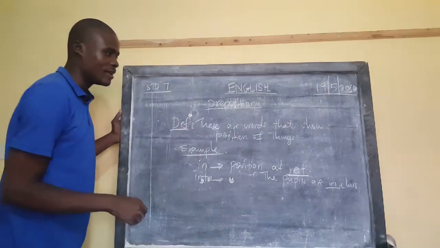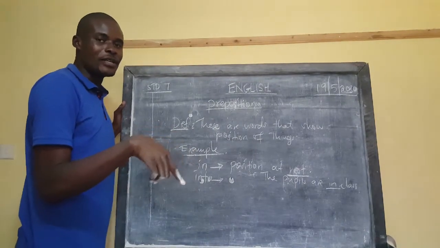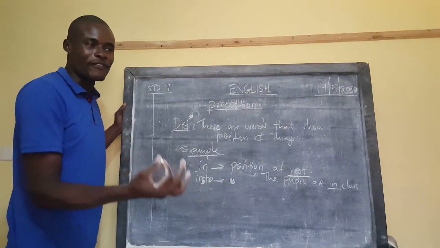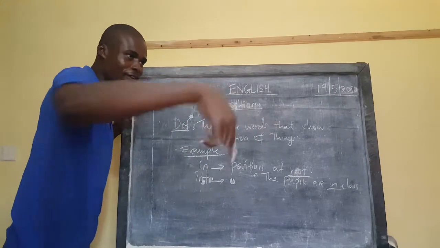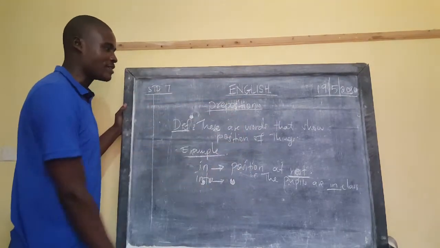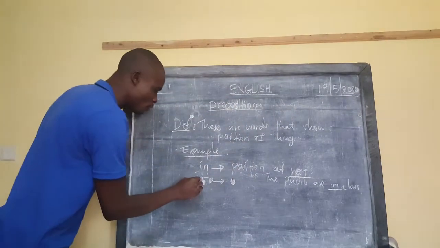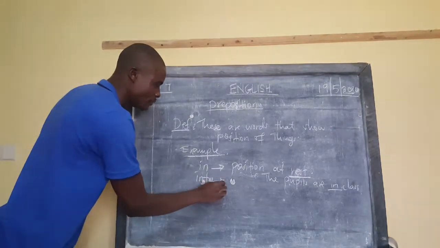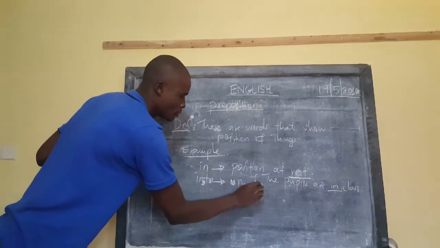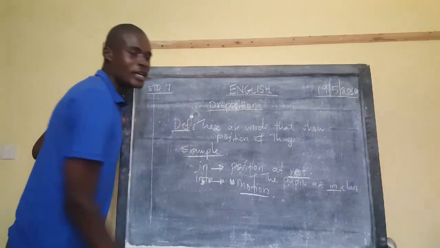When pupils are playing in the field, we say the pupils are playing in the field because they are within that field and they are at position at rest. They are inside. So when we talk of into, learner, this one shows motion. And what do I mean by motion, learner?